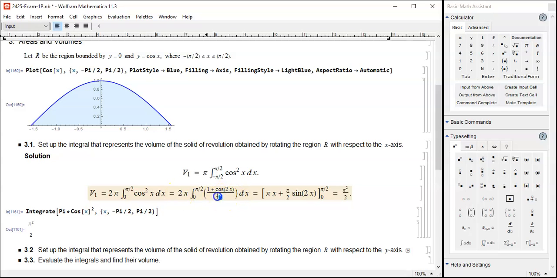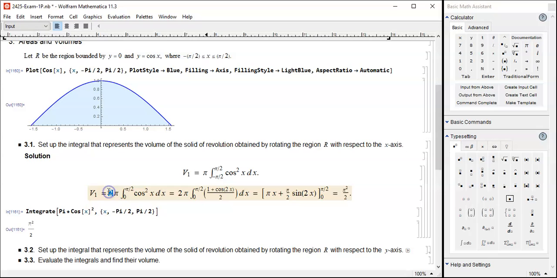Looks like, yeah, this 2 and that 2 cancel out. Alright, the antiderivative of 1 is just x, and the antiderivative of cosine is sine, and then we need this extra 2 because of this coefficient. And then plugging in pi over 2 and 0, you're going to get pi squared over 2.